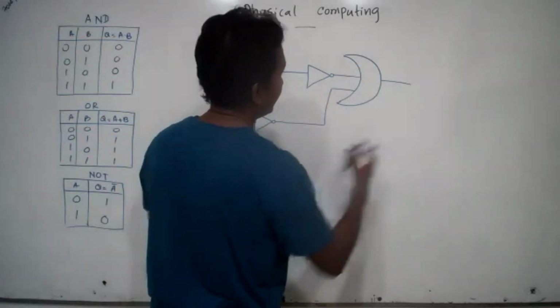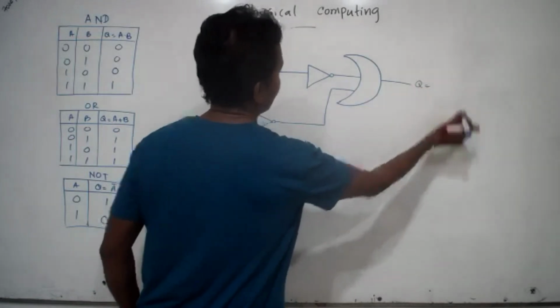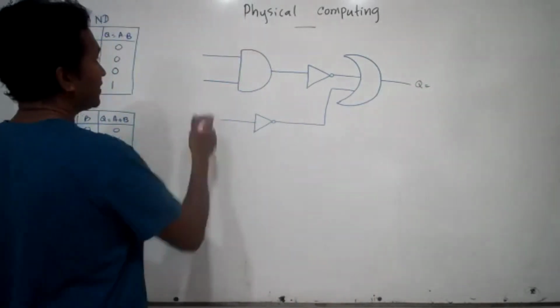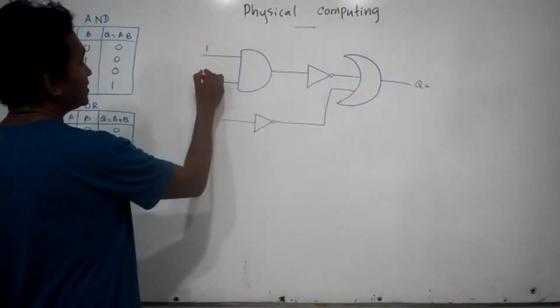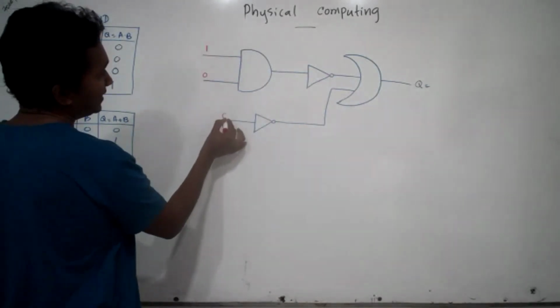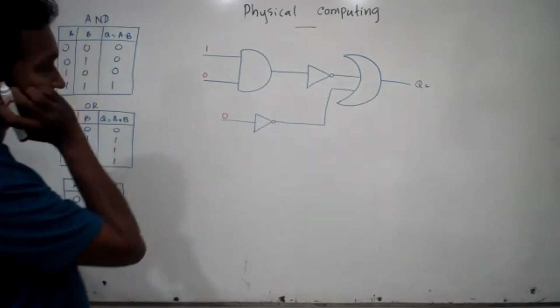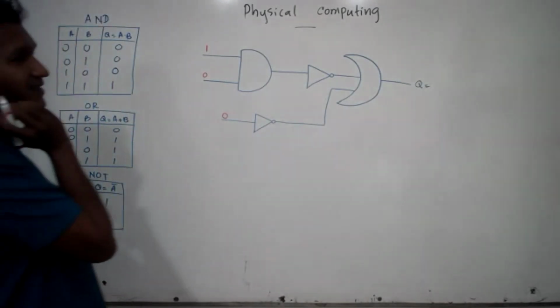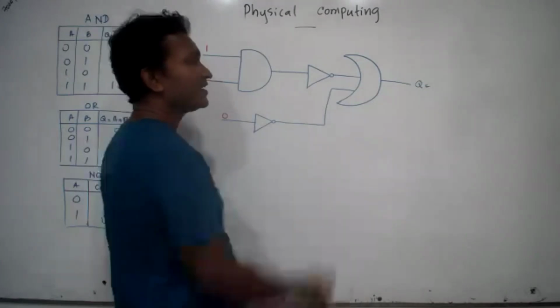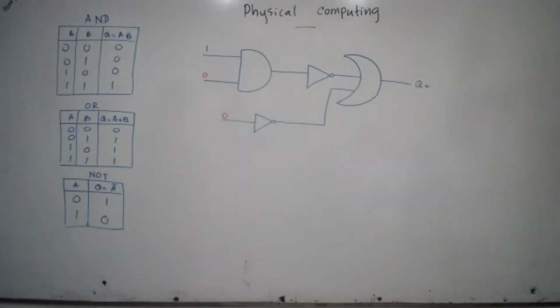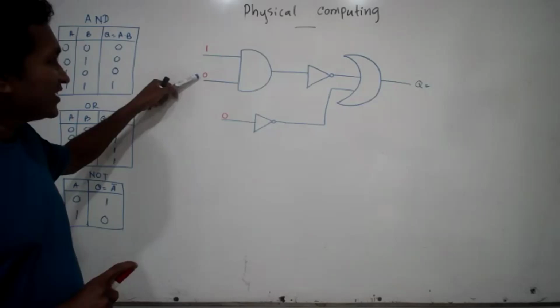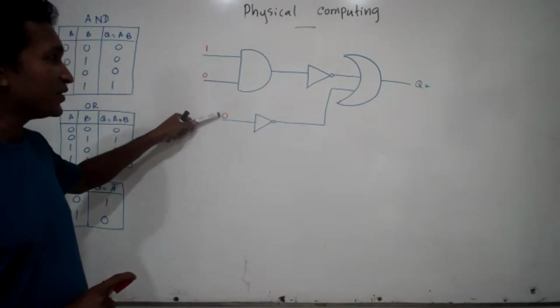Then the final result. So the inputs will be 1, 0, and this is 0. Try to get the final output. This is 1, this is 0, this is also 0.